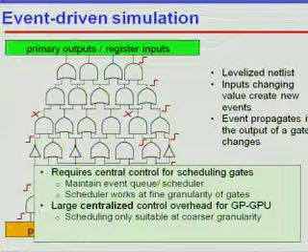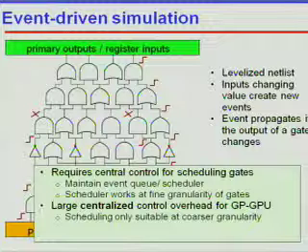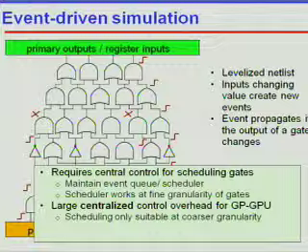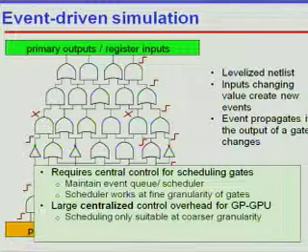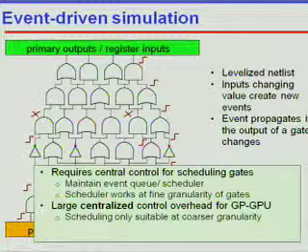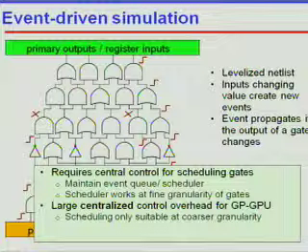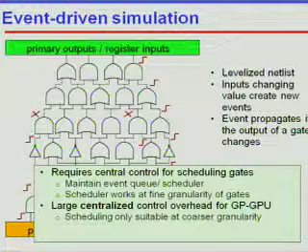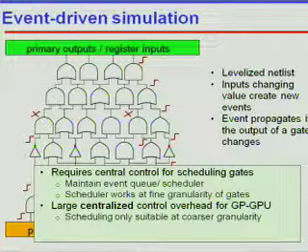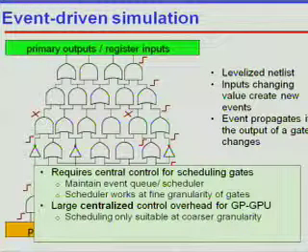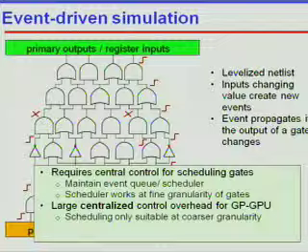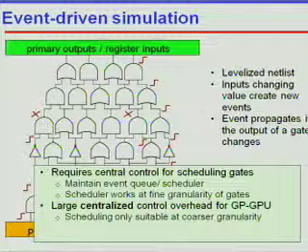Also, the scheduler should work at a fine granularity. Otherwise, it will cause a great overhead for the GPU, which means the performance of our simulation will be reduced. So our project needs to find a fine granularity for this scheduling.